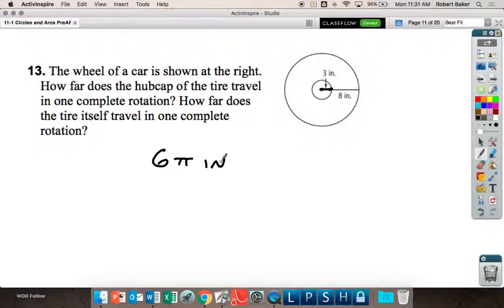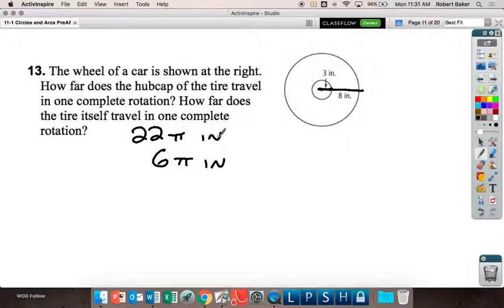False. Psych, I lied. Oh, wait. Remember, the radius is from the center of the circle to the outside. 22 pi is the circumference of the tire. 22 pi inches, which is about 66 inches.